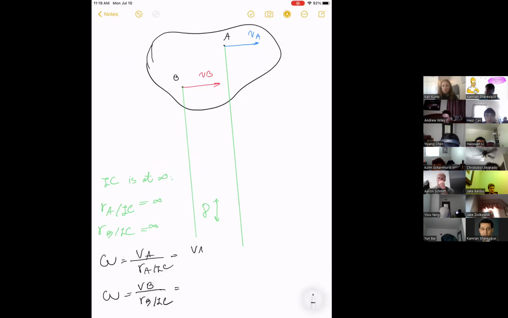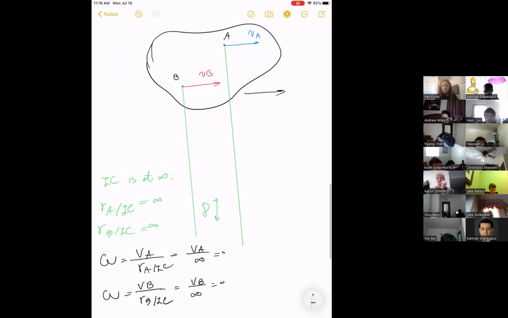Technically, VA divided by infinity and VB divided by infinity. How much do you get? Come on, guys. 0. Which means there's no omega at this moment, which means this goes like a translation.